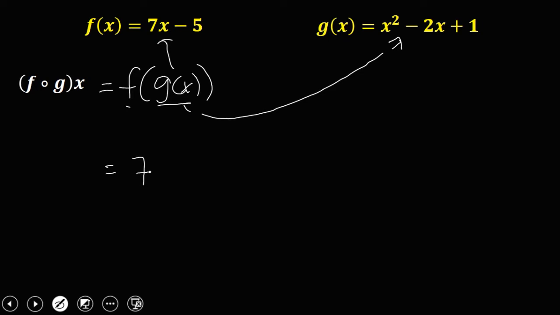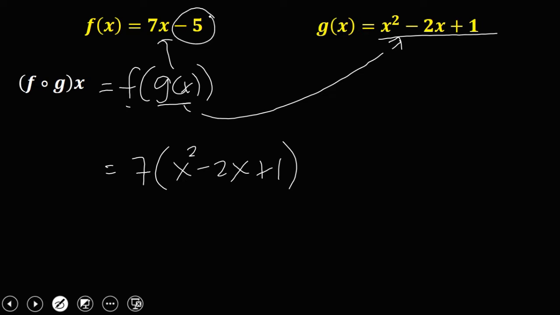Then your x is g of x, and g of x is x squared minus 2x plus 1. So just substitute. So you have 7 times x squared minus 2x plus 1, that's for the first part. Then we still have minus 5. Then you simplify.